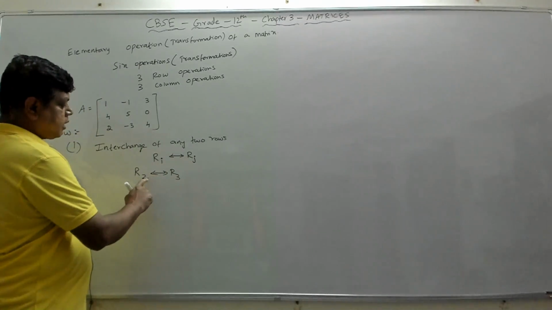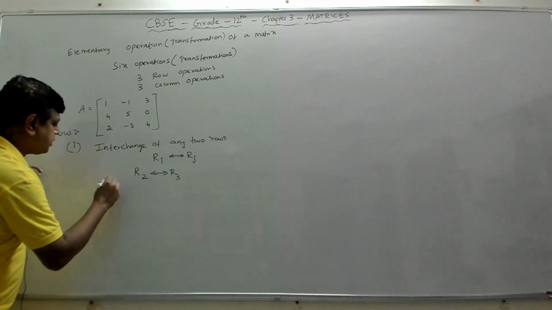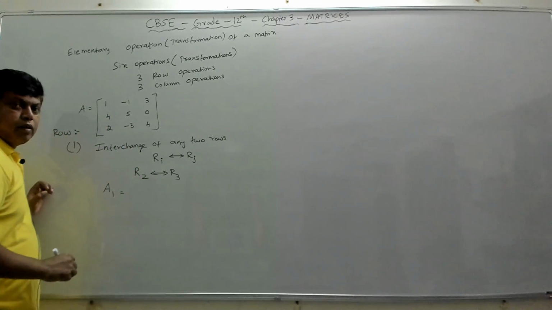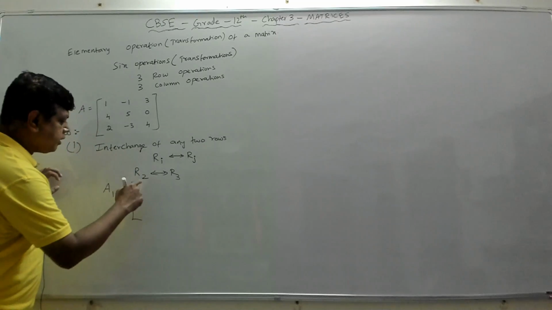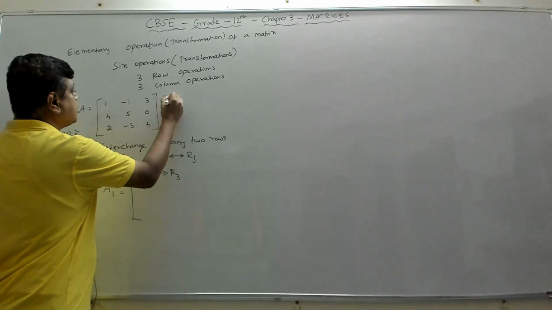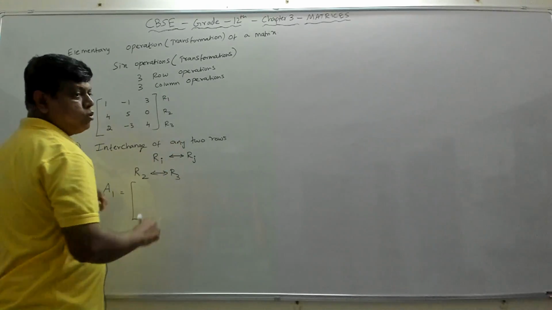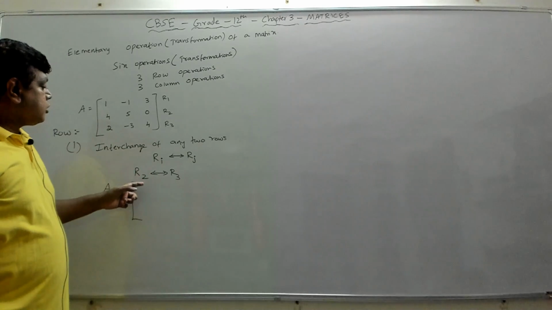The meaning of this is that I am going to interchange R2 and R3 of this matrix, so I will get another matrix which I call A1. That matrix is written by interchanging row 2 and row 3. This is your R1, this is your R2, this is your R3, and I'm going to interchange row 2 and row 3.